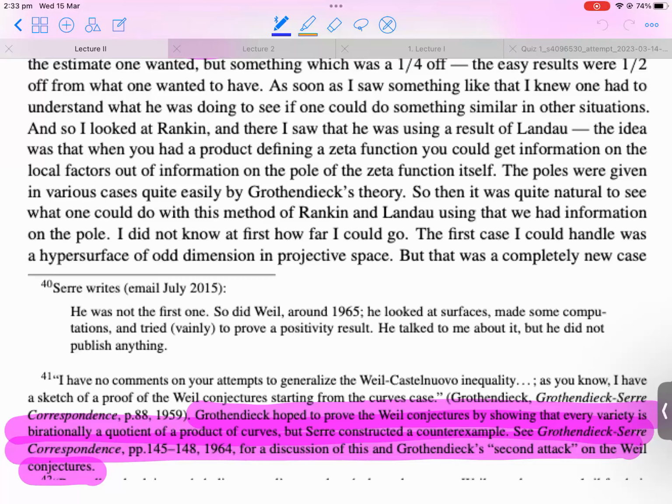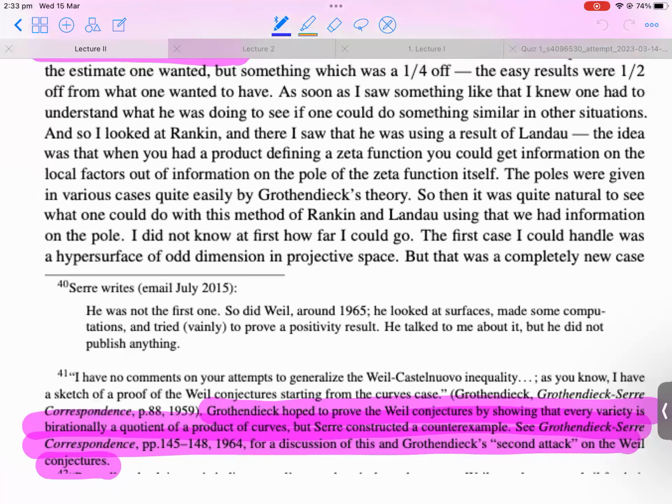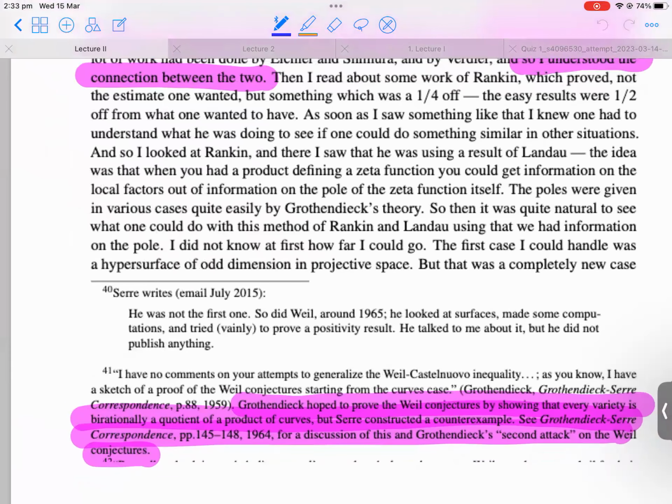He would write it in a letter to Serre, and Serre was very good with references and extremely ingenious at coming up with examples. He would come up with counterexamples, or say that person has already done this, or that we can do this better this way, and he would send another letter or question, and they would go back and forth. That's how modern algebraic geometry was born, in the letters between these two.